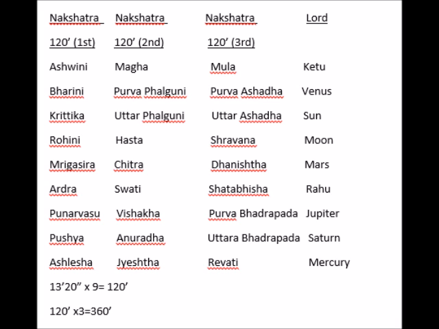Through this table, this understanding, you can create a mental map of it, and then you know exactly what zodiac signs the first 9 nakshatras, second 9 nakshatras, and third 9 nakshatras come under. And you'll also be able to mentally remember the lordship of these nakshatras, because the lords, like I said, repeat themselves after every 9 nakshatras.